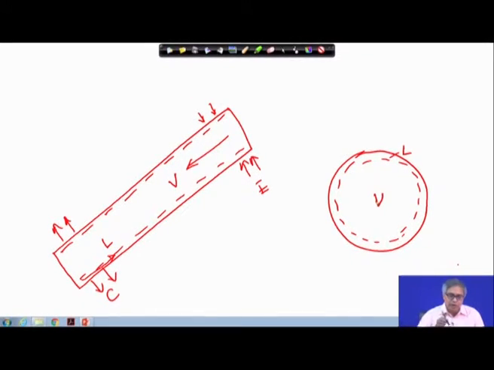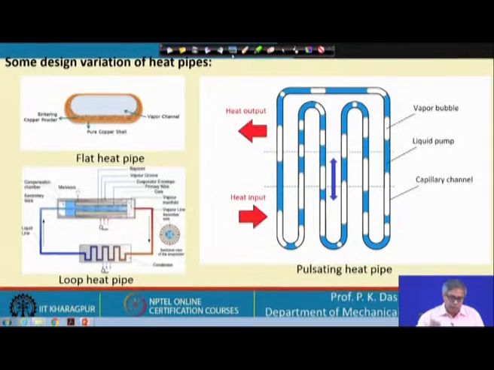So, if we go back to the slide again, here we are showing a loop heat pipe, and you see the blue color shows the liquid path, liquid line, and the red color here shows the gas line or the vapor line. So, there is a structure, this structure is very important.